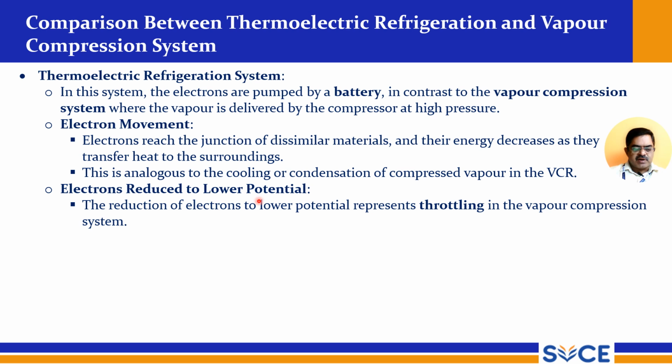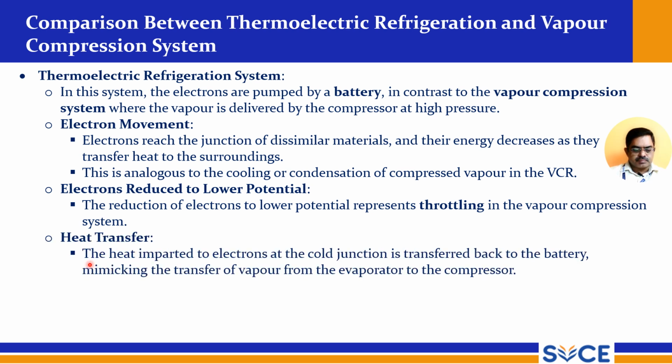The reduction of electrons to lower potential represents throttling in the vapor compression system, and the heat transfer: the heat imparted to electrons at the cold junction is transferred back to the battery, mimicking the transfer of vapor from the evaporator to the compressor.